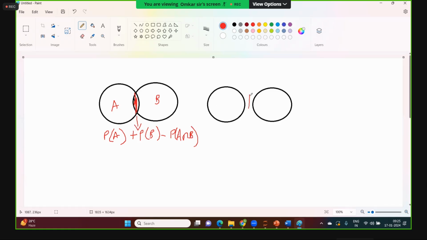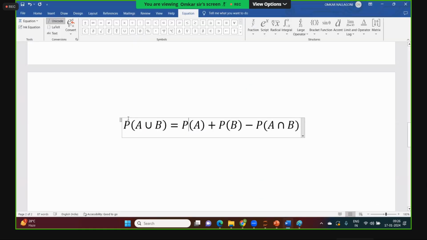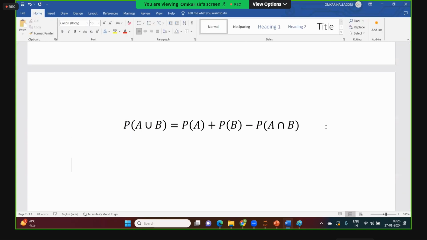When there is a gap, this gap especially we call mutually exclusive events. The special case is mutually exclusive.